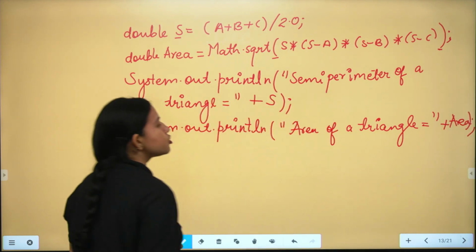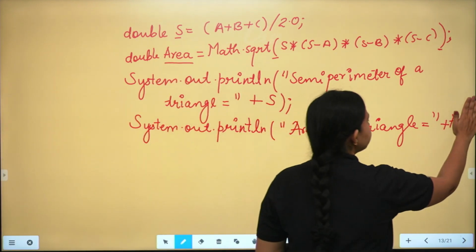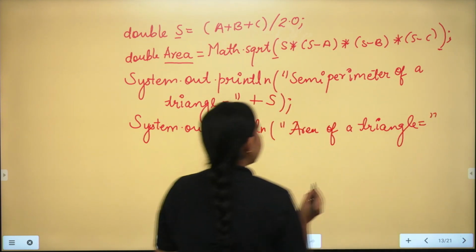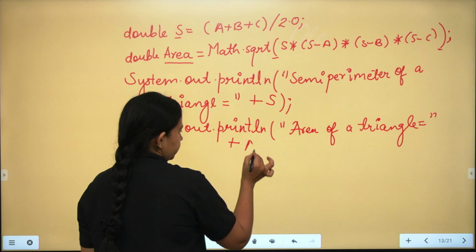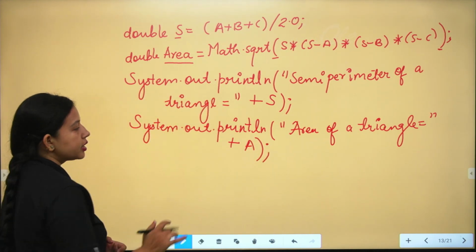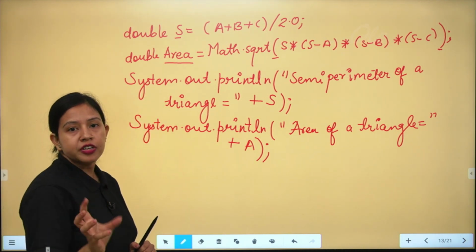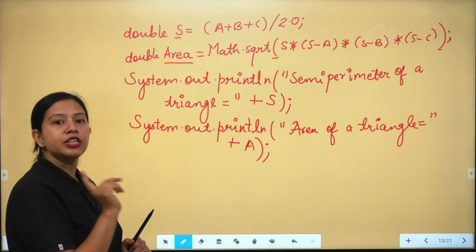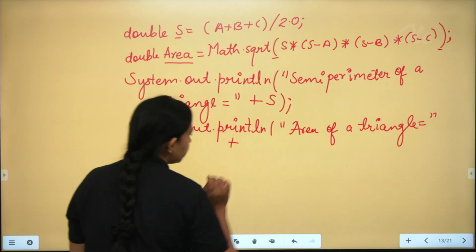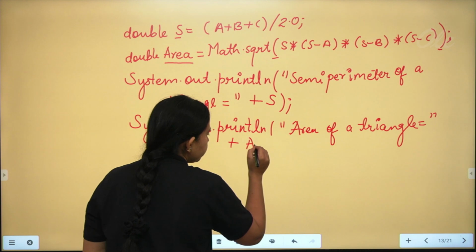If the name is wrong, suppose you have taken area and you have added only plus a over here. Suppose I have just given equal to and we concatenate plus a. That's it. This is an error because it will simply show the first value of the side which we stored in a. So always remember and be careful while concatenating, the variable name should not be changed.